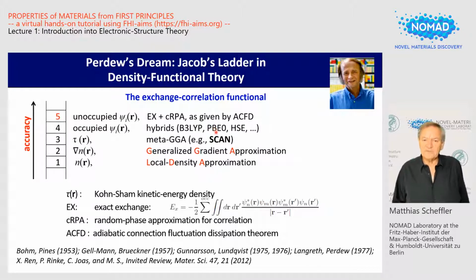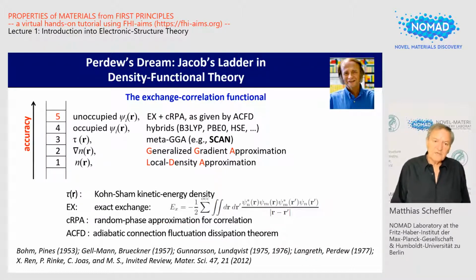So in hybrids, B3LYP, PBE0 or HSE are the popular ones. One also includes orbitals. That means one includes also what is called the exact exchange from Hartree-Fock with a certain fraction. And the highest level then is the random phase approximation, RPA, for correlation, and for the exchange one uses really the Hartree-Fock exchange expression.